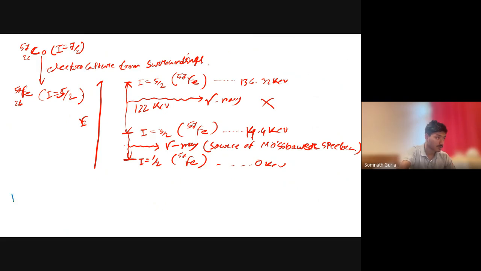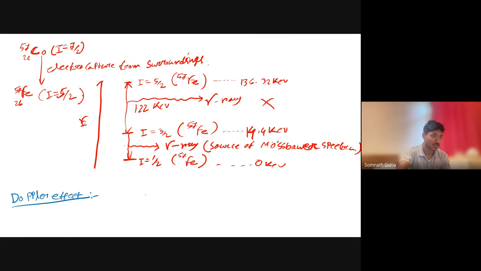It is called the Doppler effect, where we change the energy by providing some extra energy to the source, to match the exact energy which is required for the sample. So this is the Doppler effect we are providing.